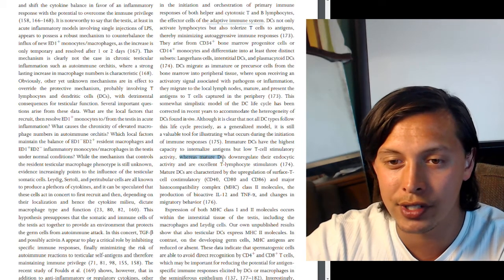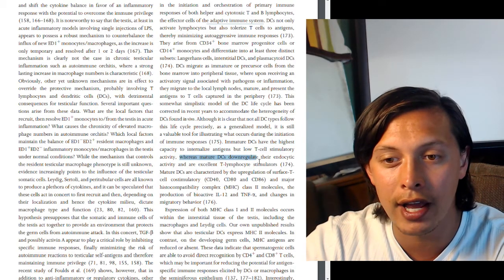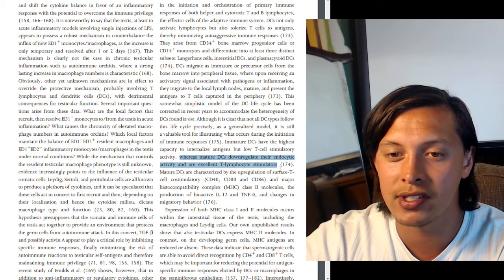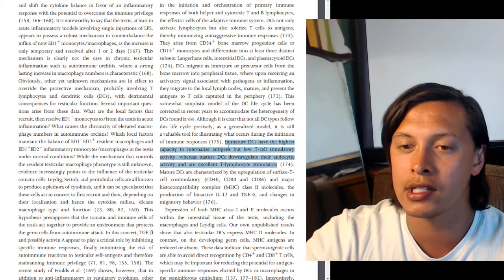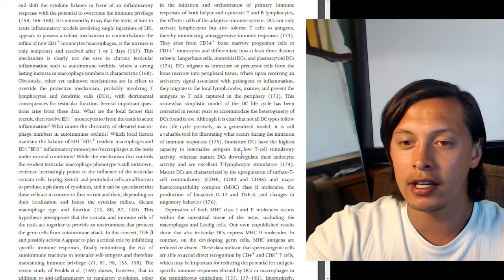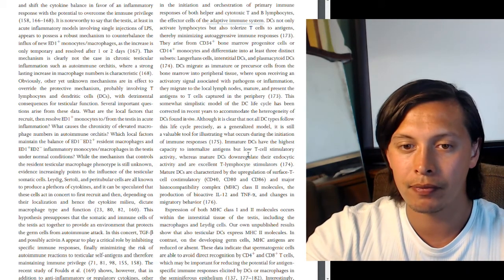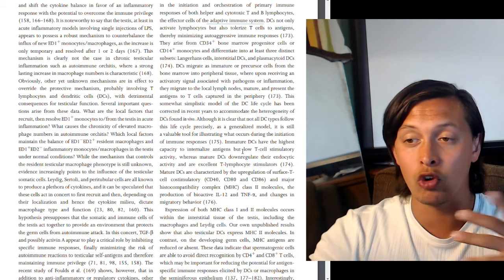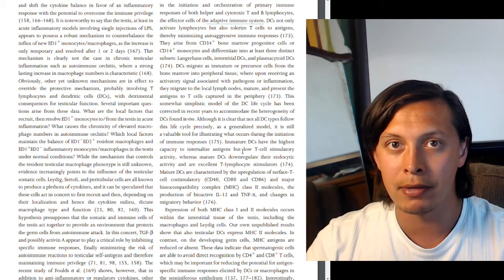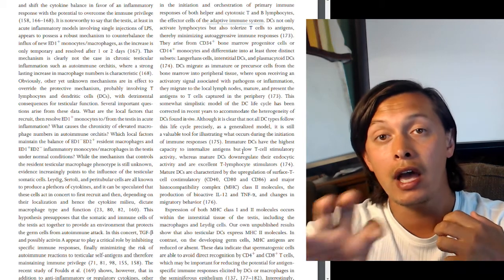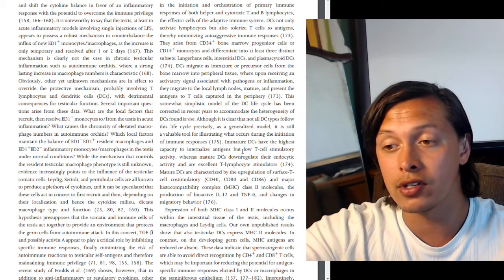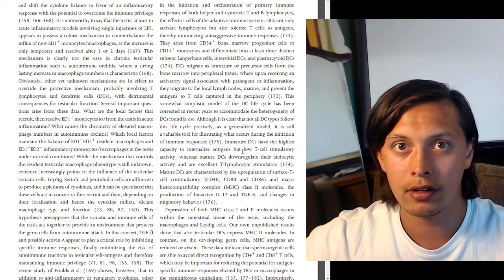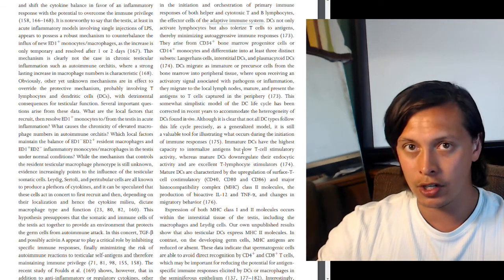Whereas mature dendritic cells downregulate their endocytic activity and are excellent T lymphocyte regulators. So what does this tell me? This tells me that the young dendritic cells can grab a lot of things in their environment and then present those out on their cell surfaces to warn the other immune cells what to do.